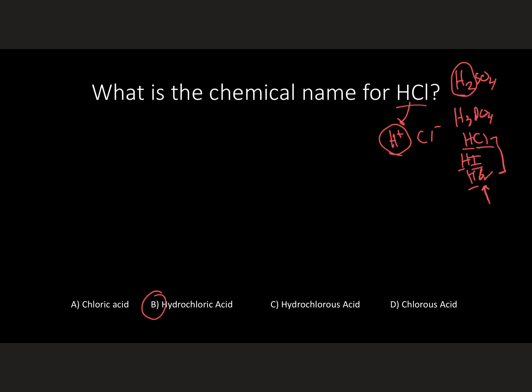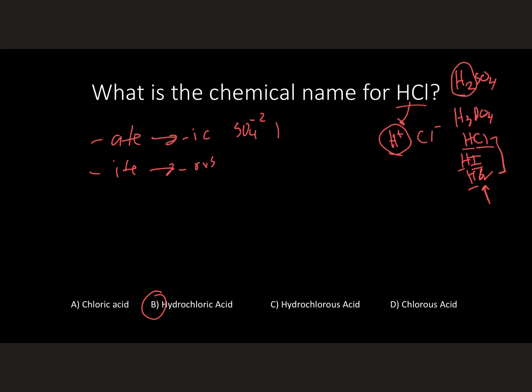When we name some of the other acids, you need to remember ate goes to ic, ite goes to ous. What does that mean? SO4, sulfate, has a -2 charge.